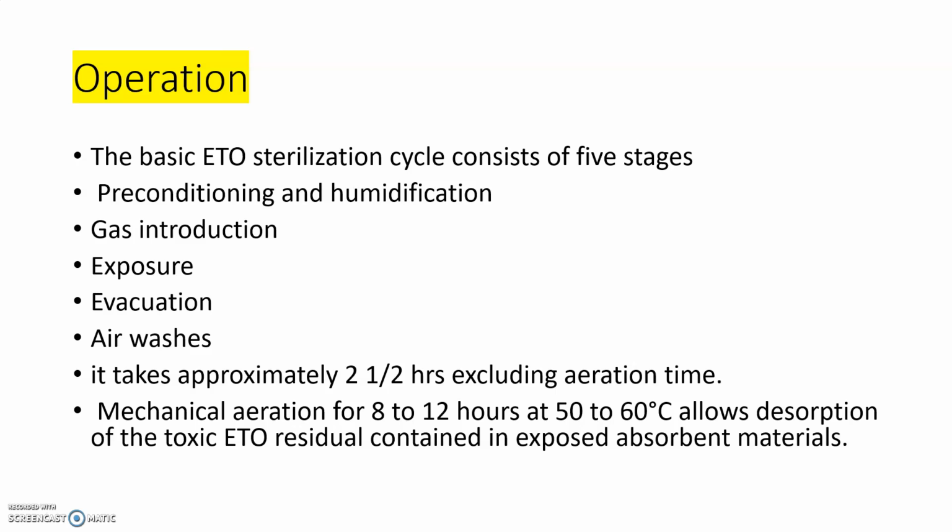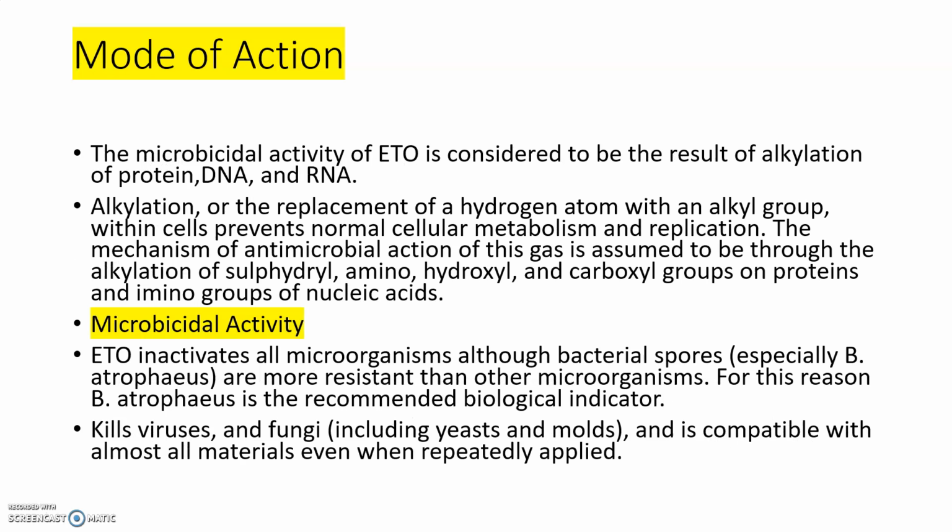This whole procedure takes place in 2.5 hours excluding aeration time. Now the mechanical aeration for 8 to 12 hours at 50 to 60 degrees Celsius allows desorption of toxic ethylene oxide residuals contained in exposed absorbent materials.